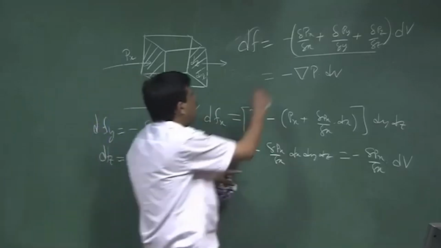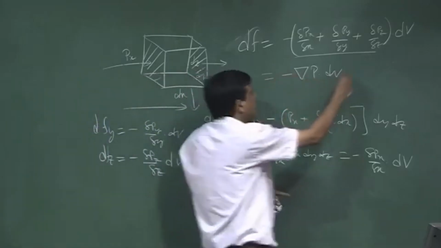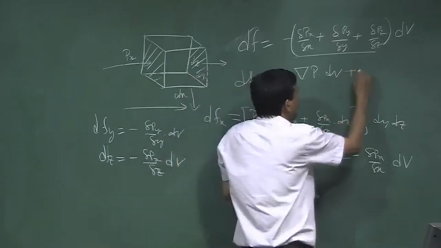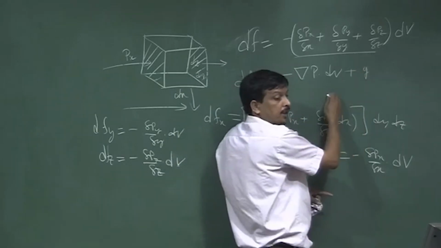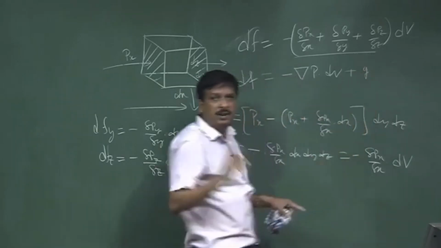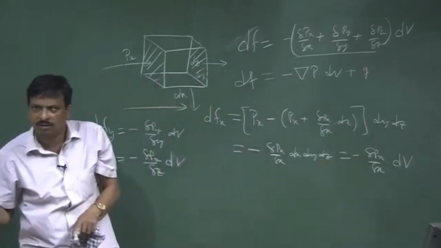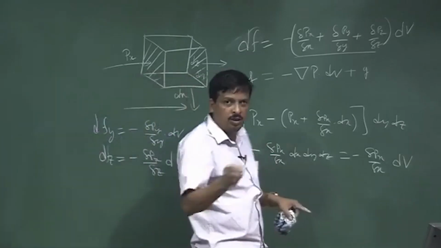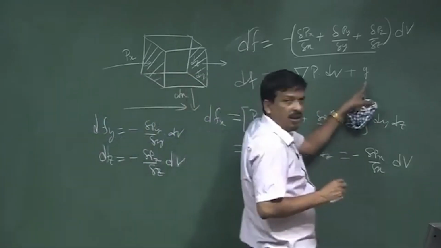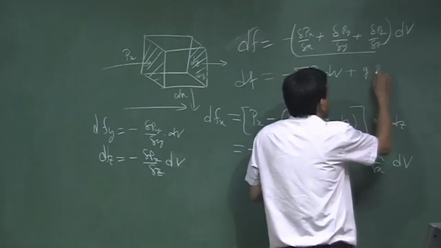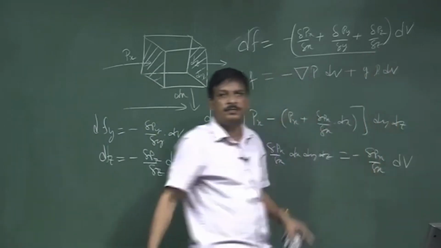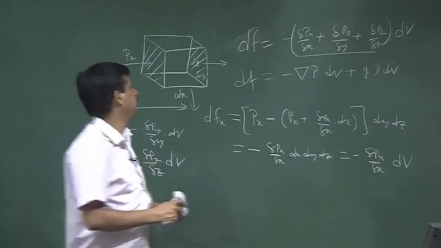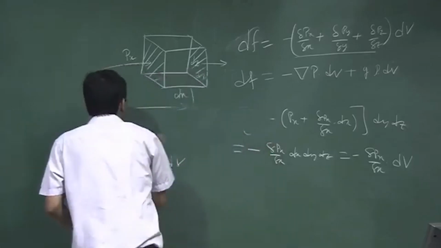The total force is this force plus the gravitational force. We know the force is mass into acceleration, so gravitational acceleration into mass. What is the mass? Rho into dv is the mass. So, g rho dv is the gravitational force. This is the total force acting on this volume.